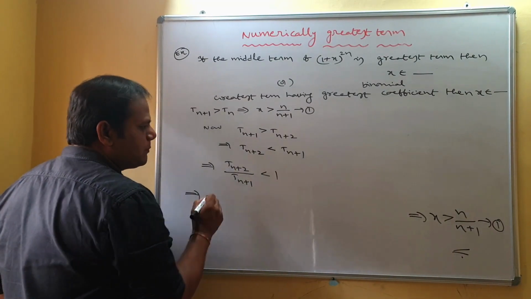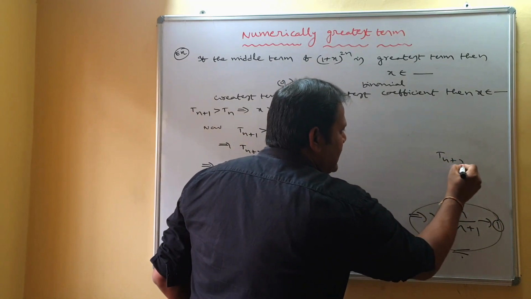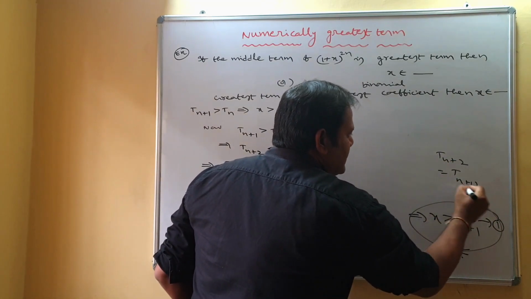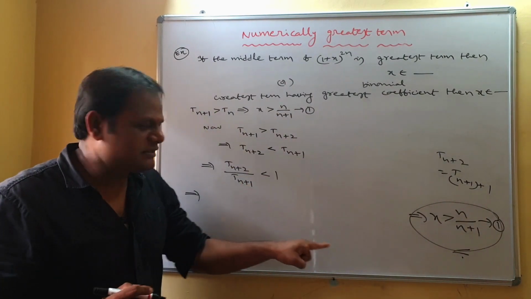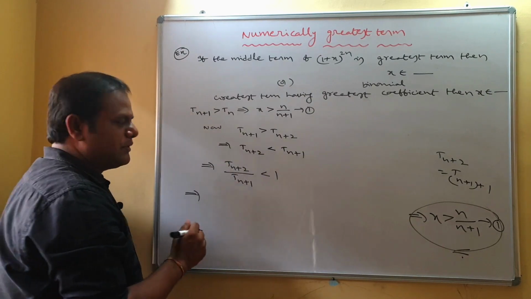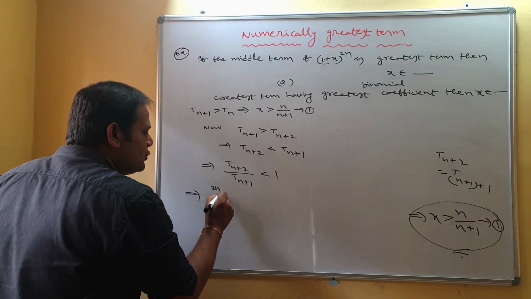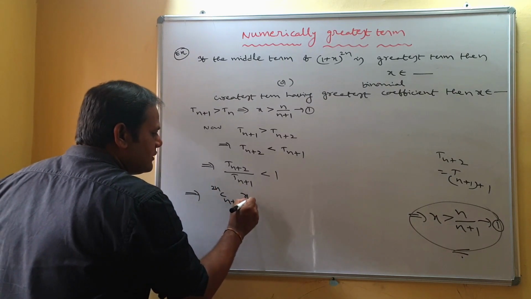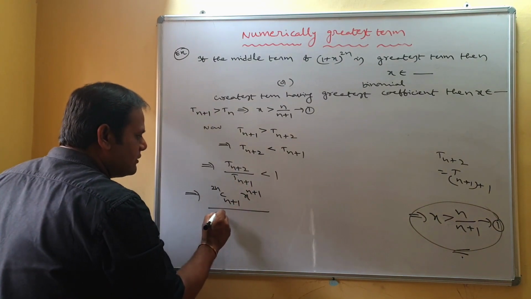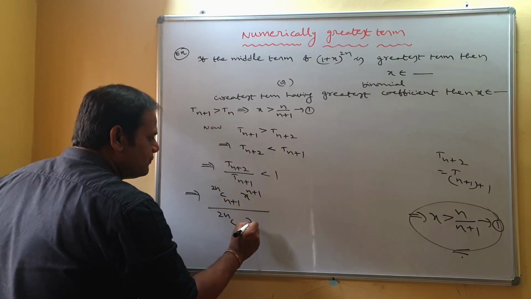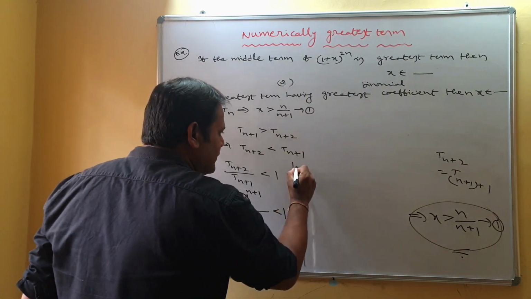T(n+2) means you can take T(n+2) as T((n+1)+1), like T(r+1), right? So that is 2nC(n+1) x^(n+1), and coming to T(n+1), it is 2nC(n) x^n, is less than 1. So we do the simplification for this.